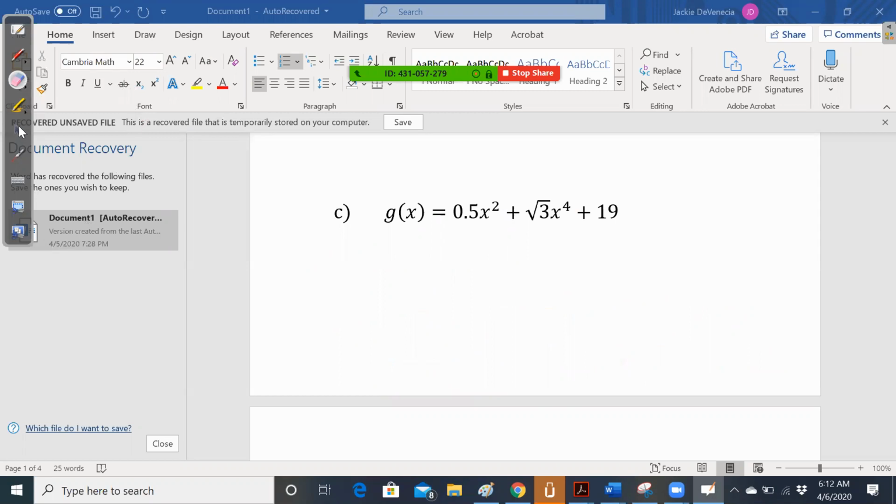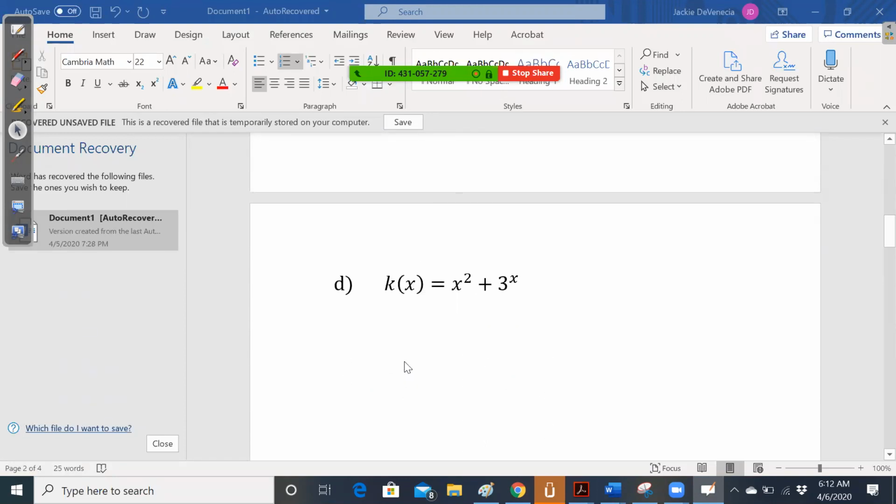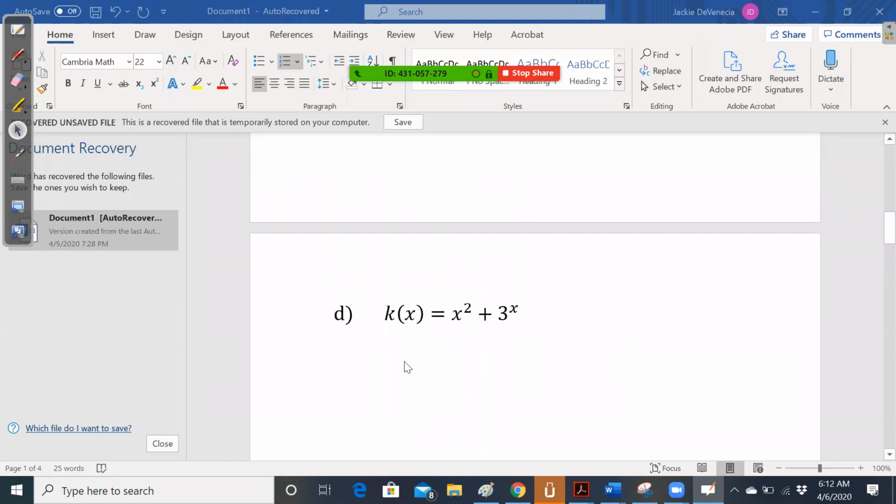Let's look at another example. Let's look at this one right over here. We have k of x is equal to x squared plus 3 to the x power. Okay, same idea. Let's check all the exponents.